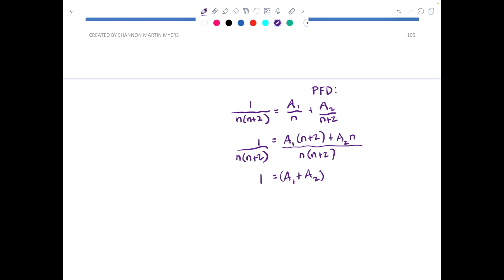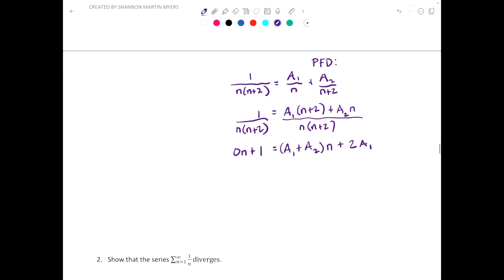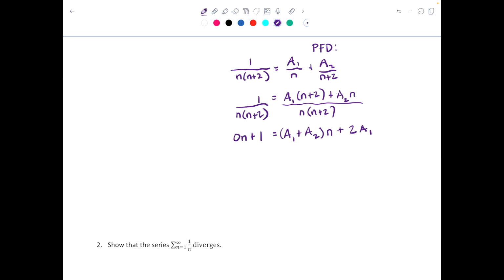Both of those are paired with an n, and then we have plus 2 times a1. And so we need a 0 times n to have an n term. And then equating coefficients, right? We will have a1 plus a2 is 0, and then the constant term equates to 2 times a1.